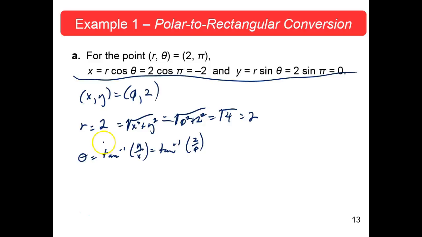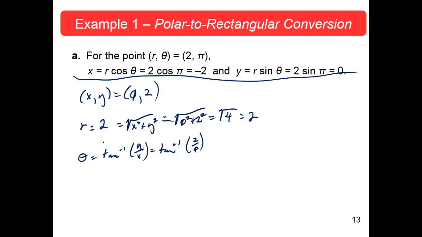And where does a tangent have a vertical asymptote? It has 2 of them. Not at pi. Pi halves. Pi halves and also negative pi halves. Remember, we just drew that. Vertical asymptote.